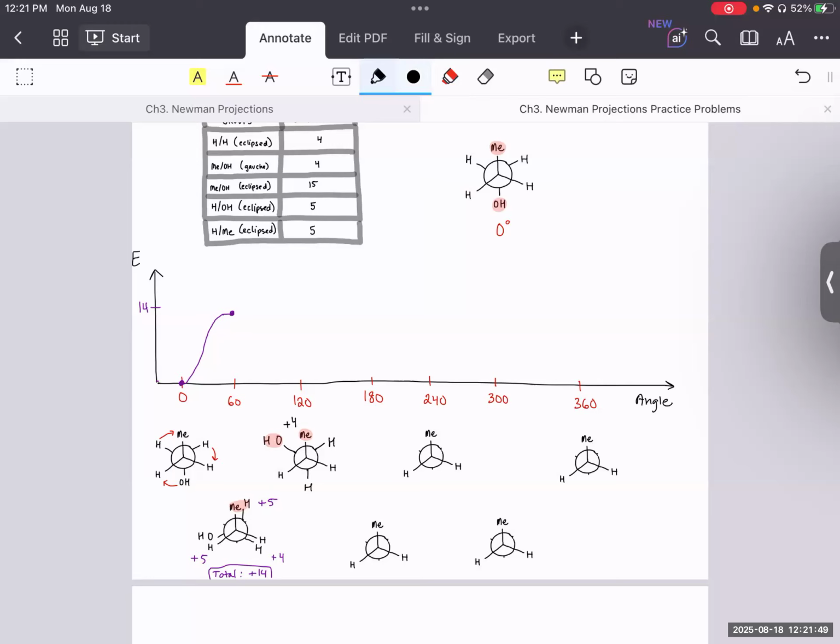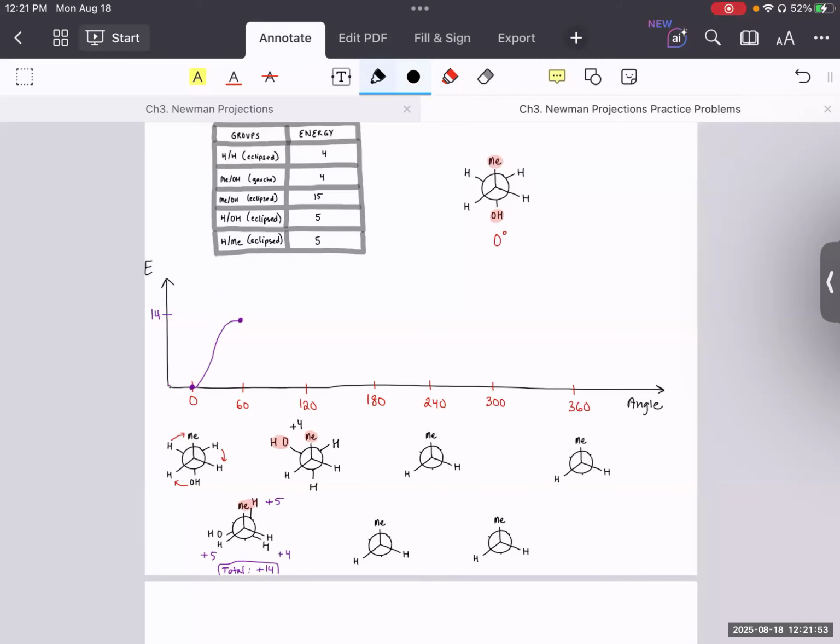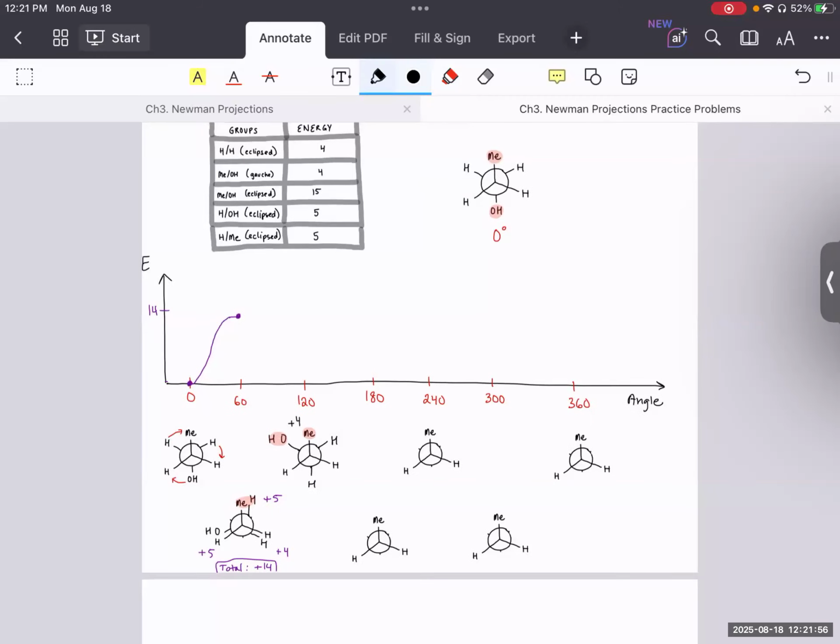That's the only gauche interaction that we have that has a corresponding energy, so this state will be +4. If we go back to our chart, we can do an approximate +4 here and draw the energy down to that.